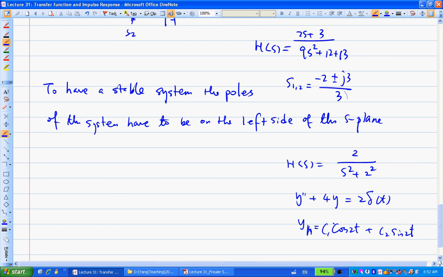That's right. yP depends on the input, but just looking at yH, if you plug in initial conditions, you get some C1, C2. This yH is basically a constant oscillation. It's not going crazy, but it's constant oscillation. Is that considered a stable system? That's right. It's called a marginally stable system. When it's sitting on the edge, it's marginally stable.